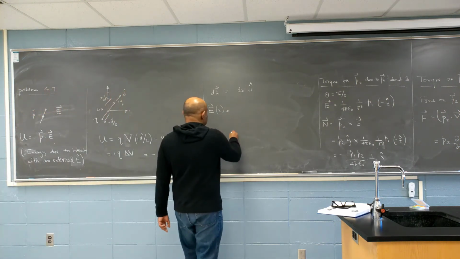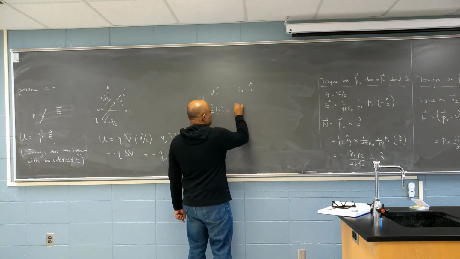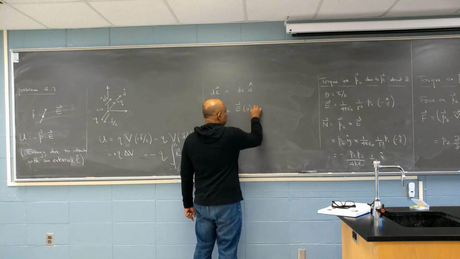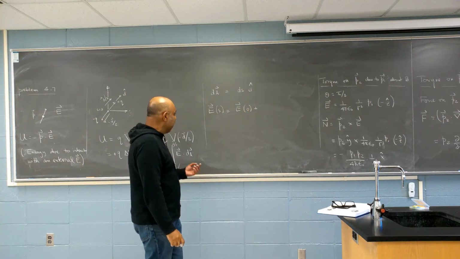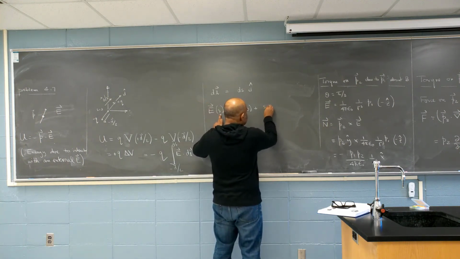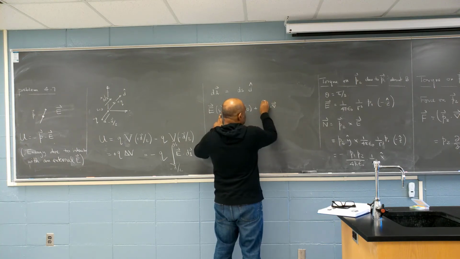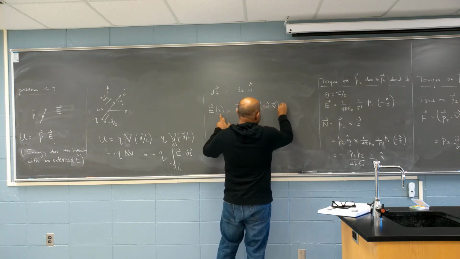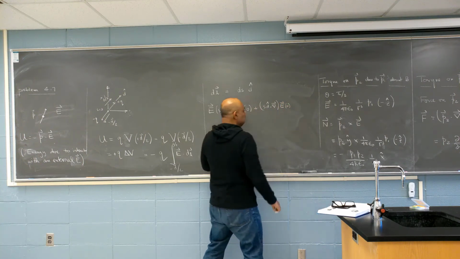I'm going to Taylor expand, so I can put this as approximately E0 plus, at any other point s, my Taylor expansion, s d hat dot gradient E evaluated at 0.